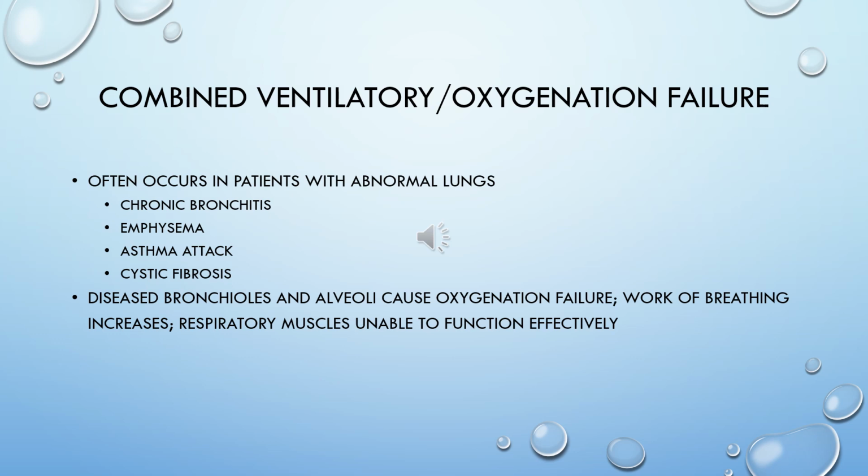Then it talks about how the diseased bronchioles and alveoli cause the oxygenation failure, the work of breathing increases, and the muscles themselves are unable to function effectively in the patient with a combined failure in respiratory failure. Your book does talk about the combined failure, if you're interested in exactly what's going on from the patho side of that.